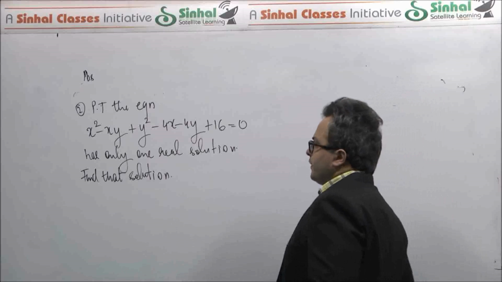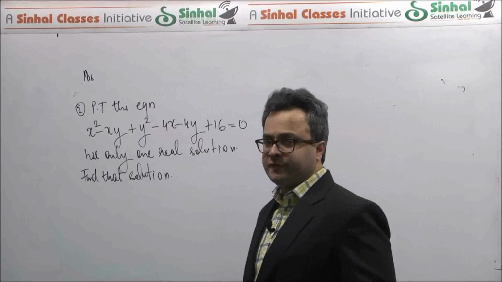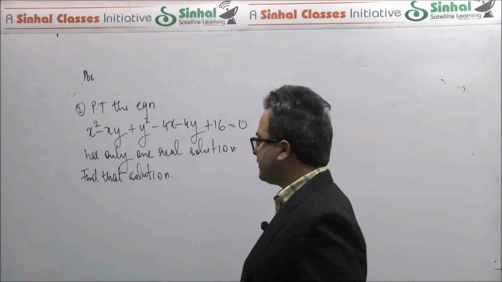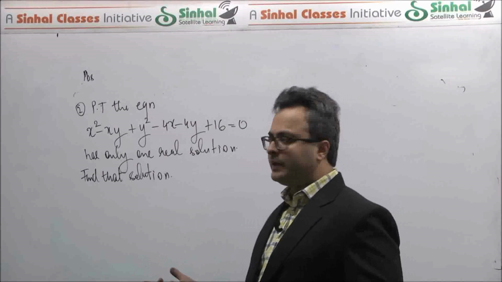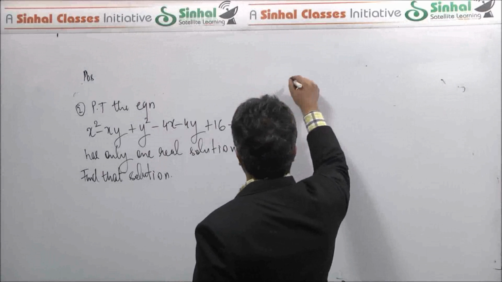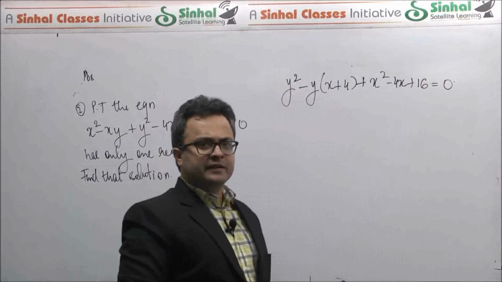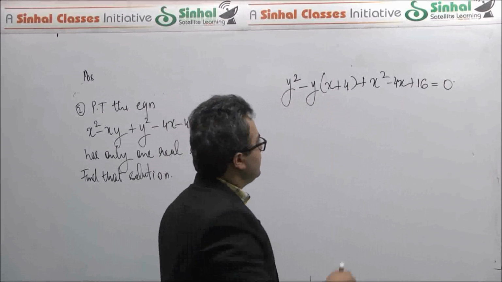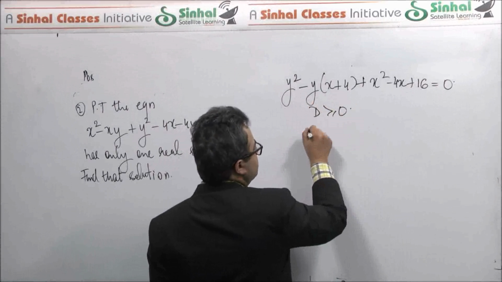So let's say now this is the question. We are again given a second degree equation in x and y, and we want to prove that it has only one solution, and we also want to find that specific solution. So we can again proceed in the same manner by treating it as a quadratic in any one variable. So suppose we treat the equation as a quadratic in y. Right? So we've again rewritten terms as a quadratic in the variable y. So again what must happen is the discriminant must be greater than or equal to 0.